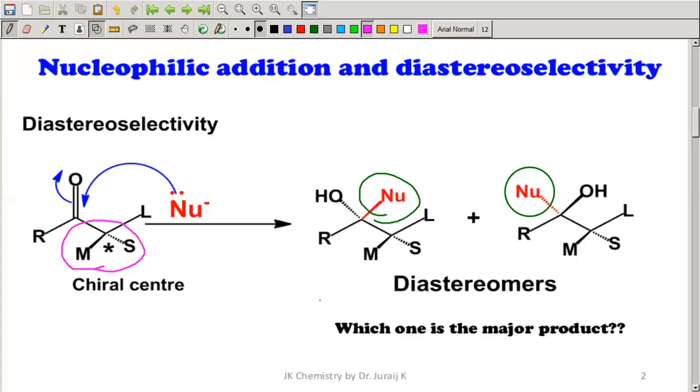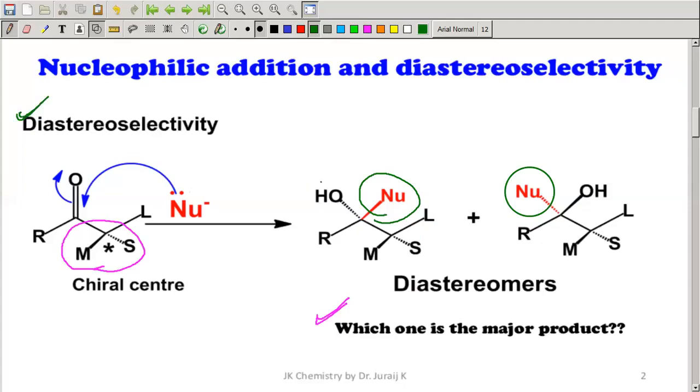Now the question is, among these two, which one is the major product? That is the main question. So we want to identify the major product among these two. These two are related as diastereomers. That's why this kind of reaction is termed a diastereoselective reaction. It's a selective reaction, meaning one is the major product and one is the minor product.